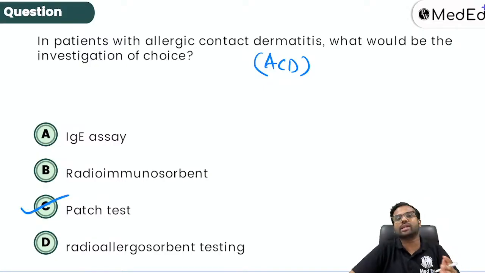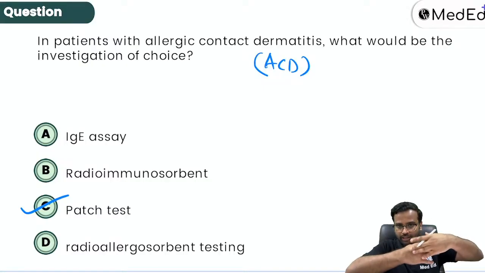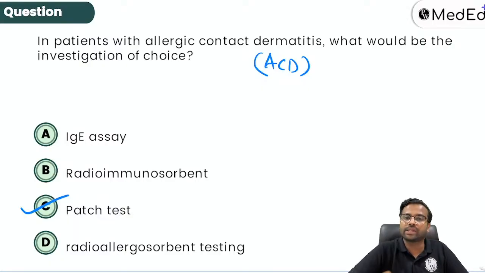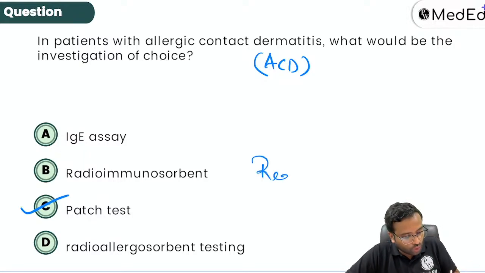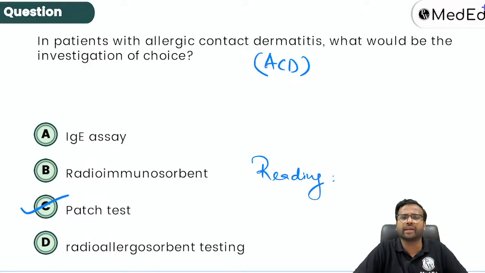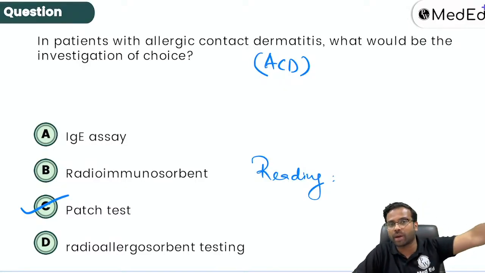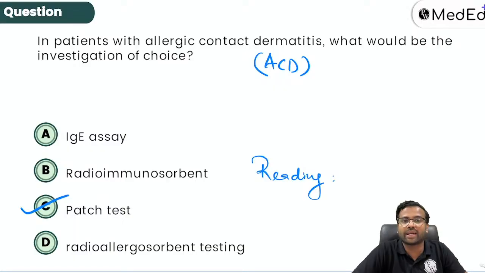Whenever you see that a patient has developed an eczematous rash, especially after being in contact with something, we always suspect the diagnosis as contact dermatitis. In such cases, we do this investigation called patch test, where you take a reading. Are we going to take a reading immediately, or are we going to send this patient back home so that we can take the reading after some time? What is the right answer here?